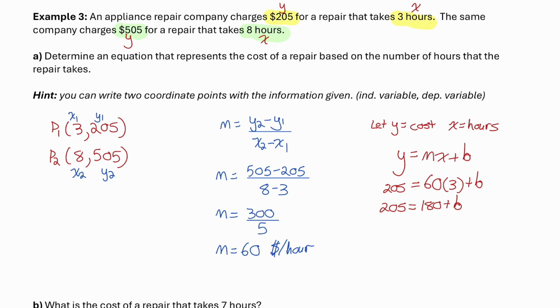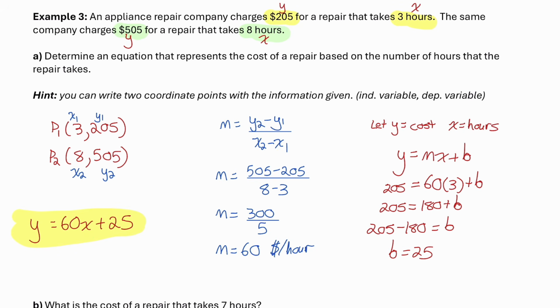Subtract that 180 to the other side, and I find out that b equals 25. So there must be an initial cost of $25. So the final equation that defines the relationship between cost and hours would be y equals 60x plus 25. So to calculate the cost, you do 60 times the number of hours and then add the initial cost of $25.